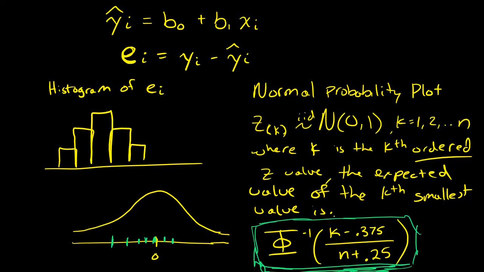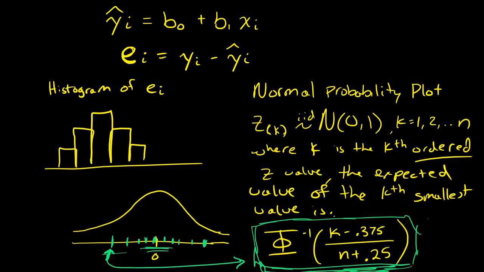I would expect to have more observations, so 1, 2, 3, 4, 5, 6, 7, 8, 9. This is a rough graph, but you have fewer observations in the tail and more observations towards the center. So this value here, I can calculate exactly what it is based off of this.